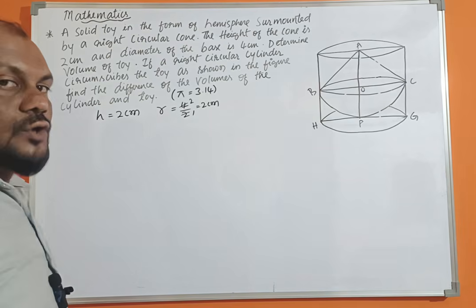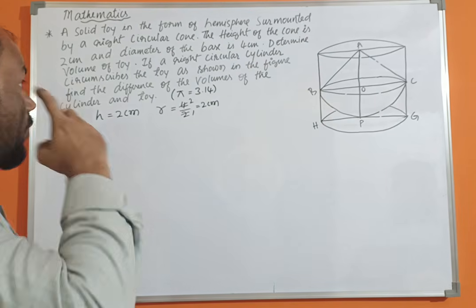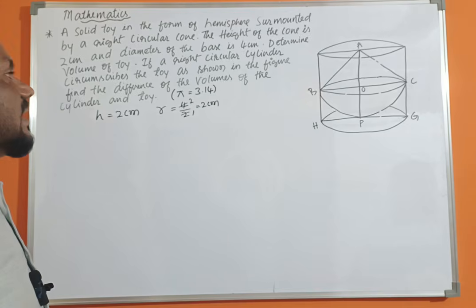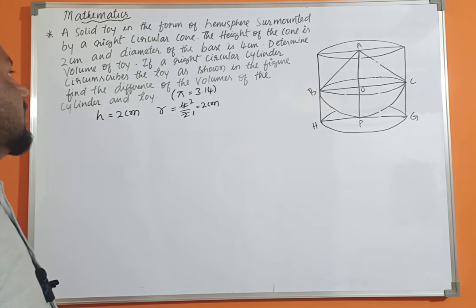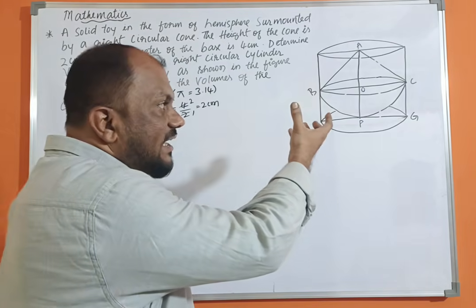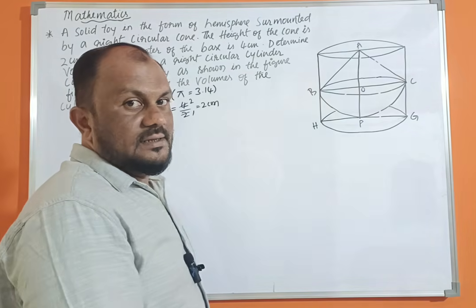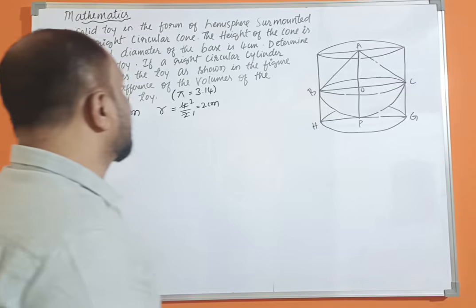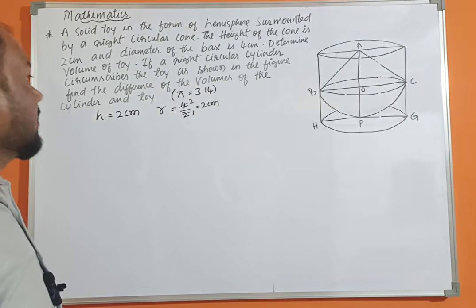Determine the volume of the toy. You need to find out the volume of the toy first. Then, if a right circular cylinder circumscribes the toy, it means the toy is inside the cylinder as shown in the figure.